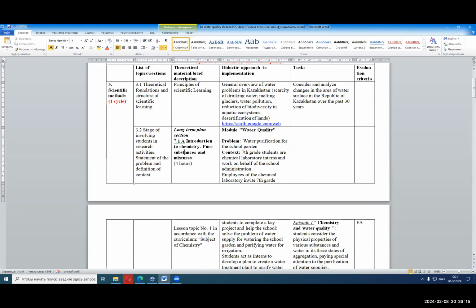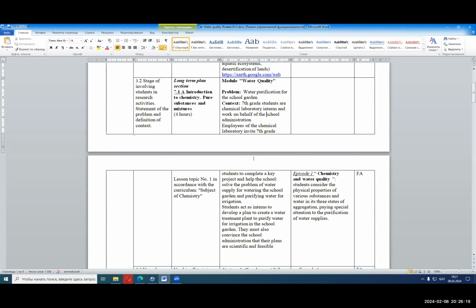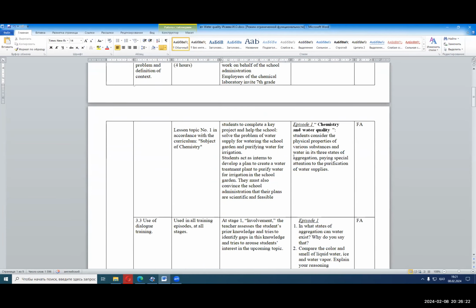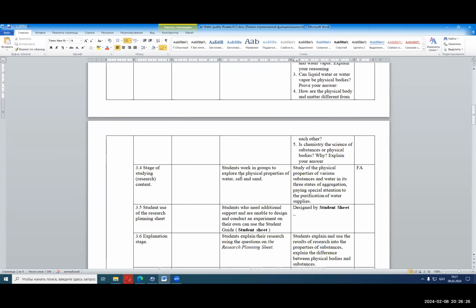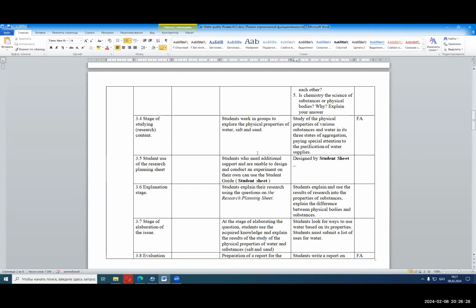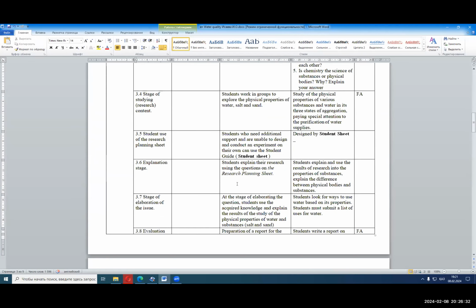Actually, it's more in 7th grade. So some laboratory works or practice, then going to driving questions. We have several lessons, students work, group work, filling some tables.